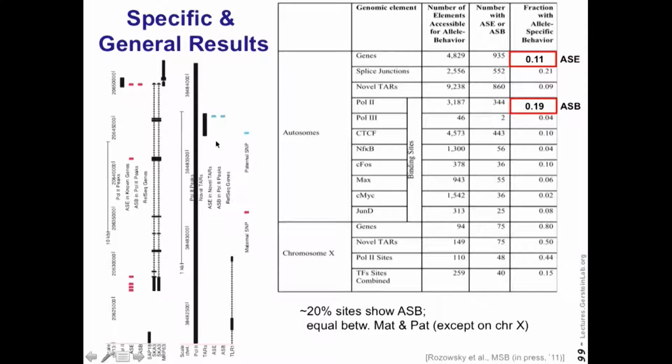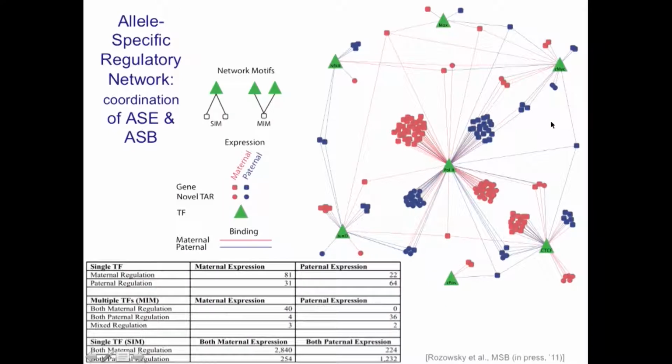You can see the paternal and the maternal is very different. And overall you see a difference of about a fifth between maternal and paternal binding.